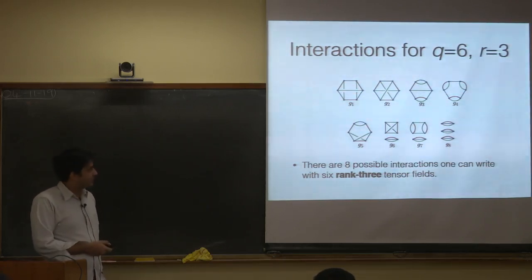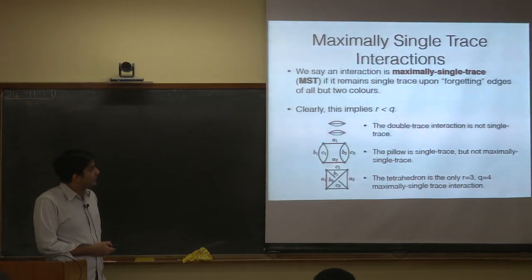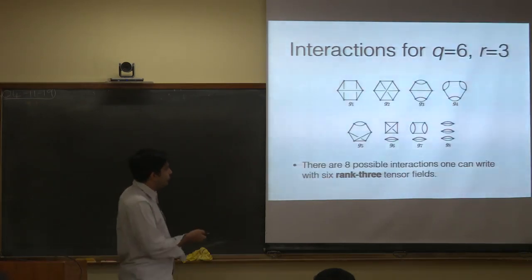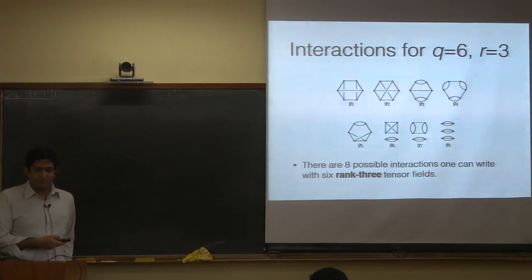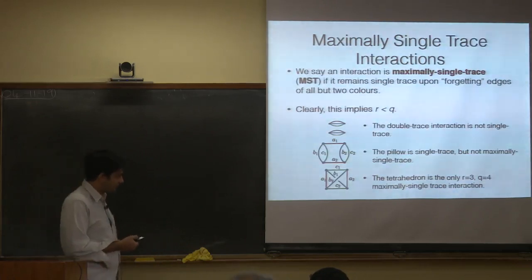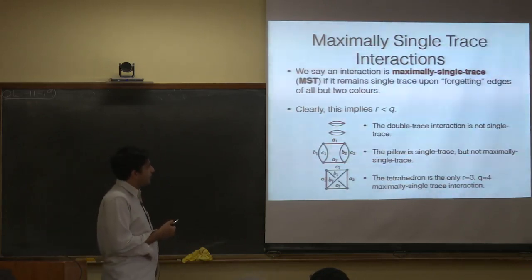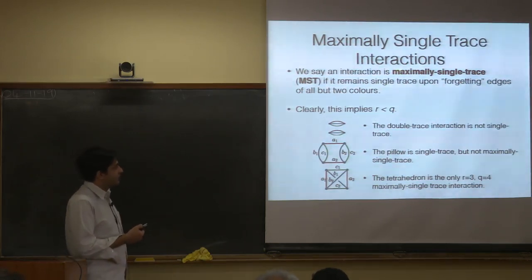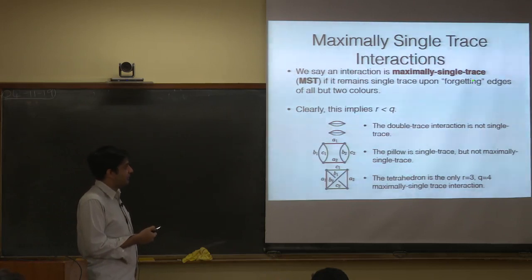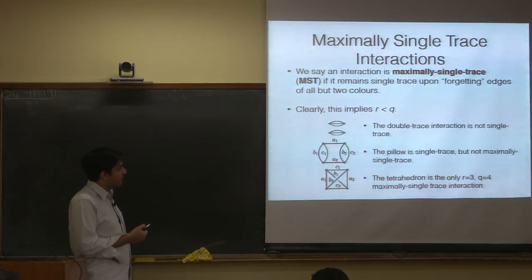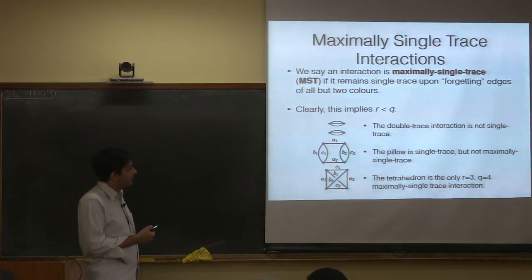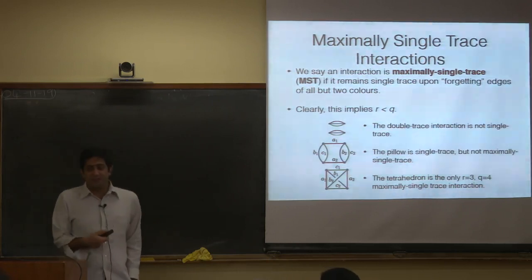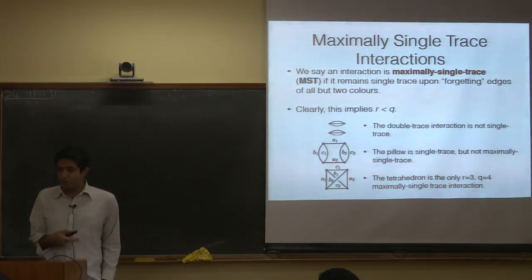So these are the q equals 6, r equals 3 vertices. Now we'd like to distinguish between the different types of interactions you can write down. The expectation is the most interesting interactions are those which are maximally single trace. Maximally single trace are those interactions which remain single trace after forgetting edges of all but 2 colors.